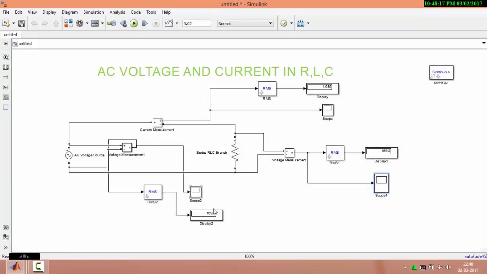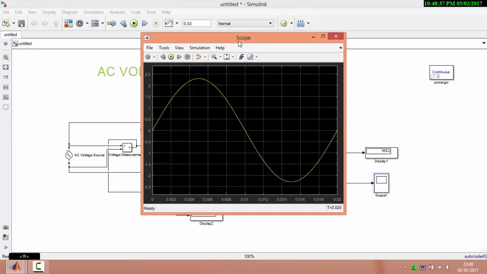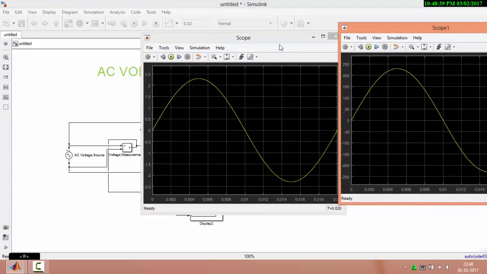Now you can see that the RMS voltage is 169, the voltage drop across the resistor is also 169. Now let us see the current and voltage response. To see the response, double click on your source.